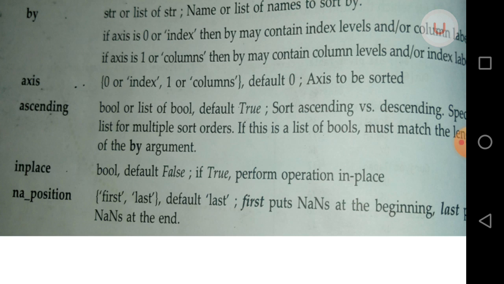The second is inplace. It is a bool value, and by default it is False. If it is True, it performs the operation in place. So if you want to change a value, we can use the inplace parameter. We use the inplace parameter if you want to store the sorted data in the data frame itself.